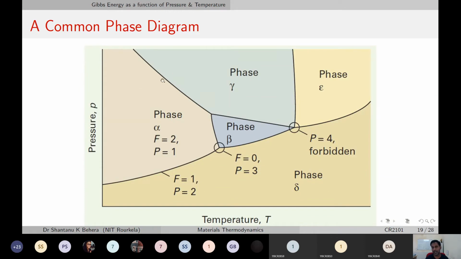So when I first see the first traces of gamma phase as I keep on increasing the temperature and touch this line, then I'm not in the primary phase field of alpha anymore. It means I'm entering into another territory where the laws are governed by the gamma phase.